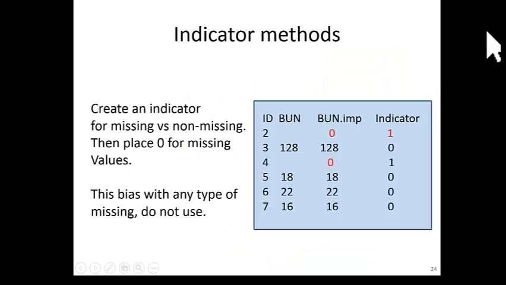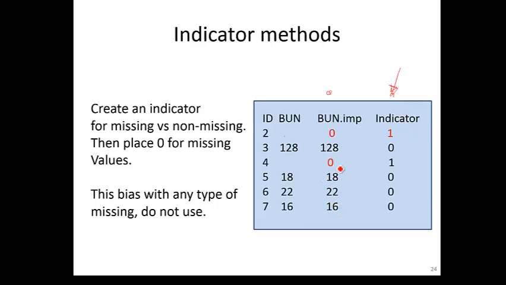And there is a method called the indicator method. In the indicator method, you need to create two variables. The indicator variable returns 1 for missing BUN and 0 for non-missing BUN. And then you also create a BUN imputed variable, by replacing missing with 0 and retaining the non-missing value for non-missing observations.